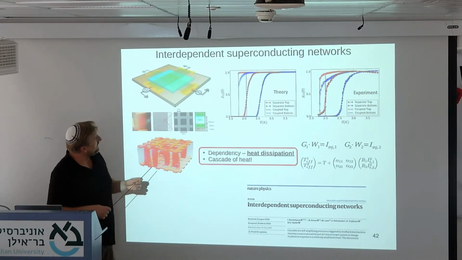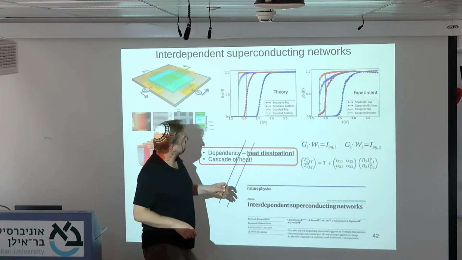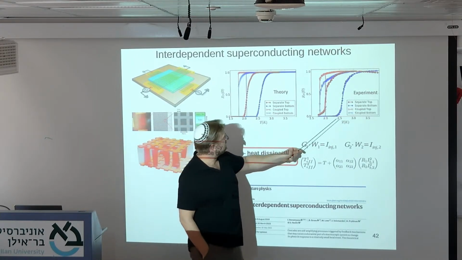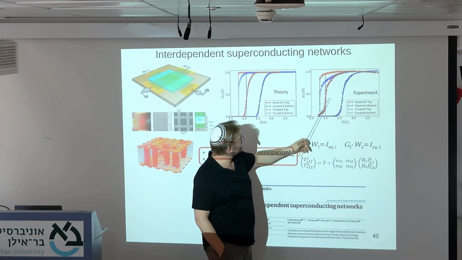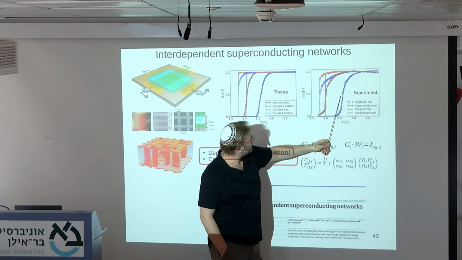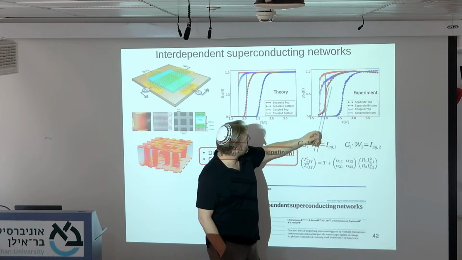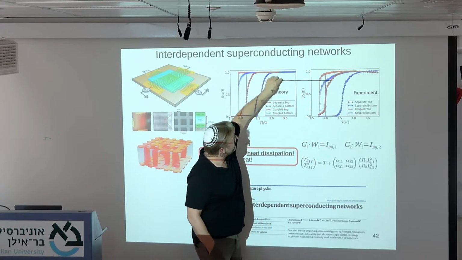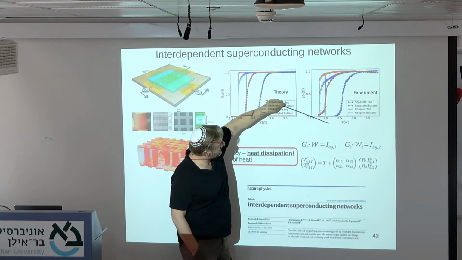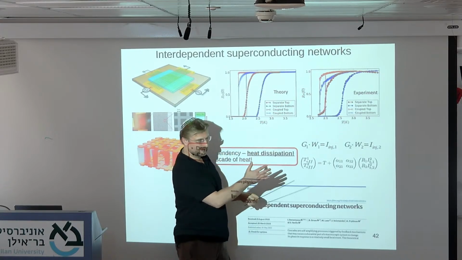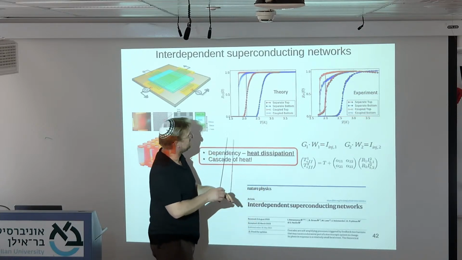Okay, now you couple them. So then you see in this case, these are the 2 squares here. I don't know if you can distinguish this. So here you have again the separate bottom and separate top, and now you couple them, right? And you see that the critical temperature is shifted to lower temperatures because they are now coupled.